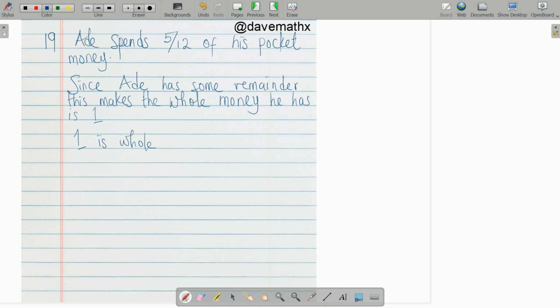One may say that 1 is the entirety and 5 is the portion he spent out of 12.